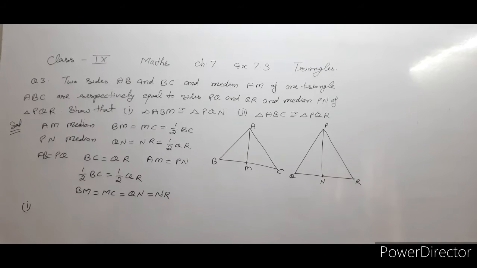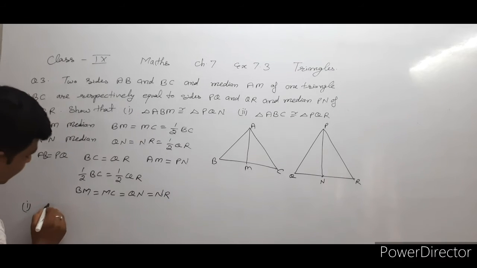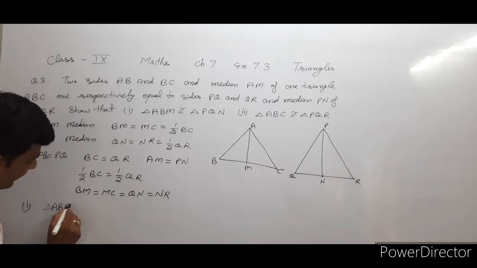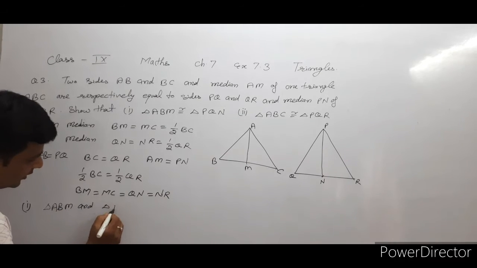we have to prove that triangle ABM and triangle PQN are congruent. So to prove this, take triangle ABM and triangle PQN.